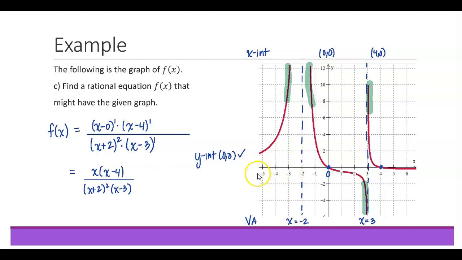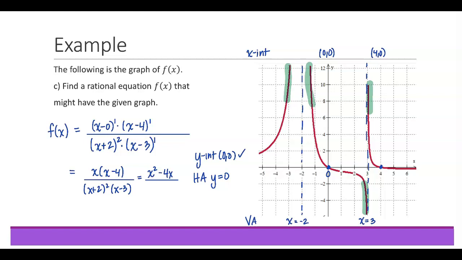And then I can also see from my graph that the horizontal asymptote is y equals 0, or the x-axis. I also want to verify that this is satisfied. To have a horizontal asymptote of y equals 0, the degree of the numerator would have to be less than the degree of the denominator. If I were to multiply this out on top, I'd get x squared minus 4x.